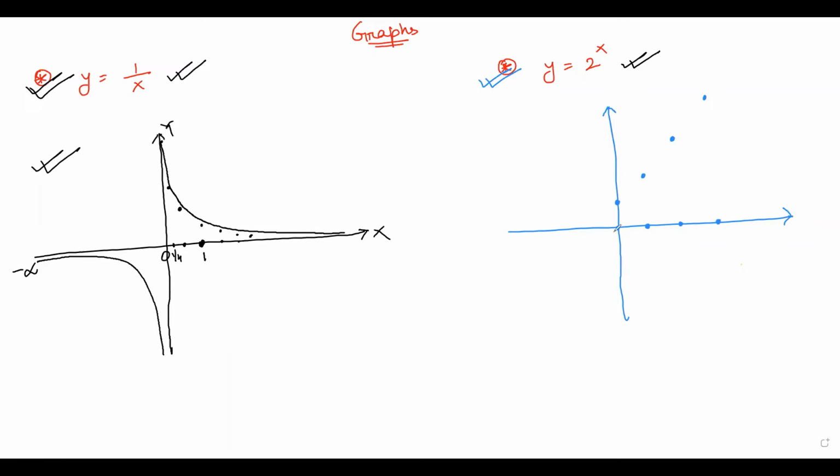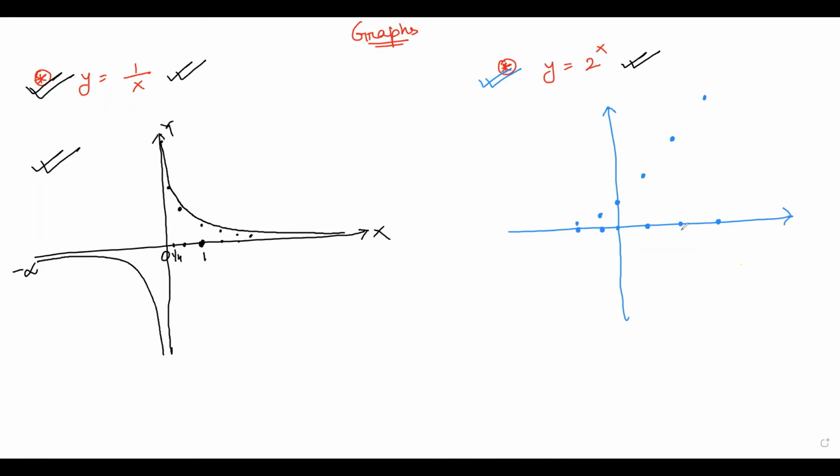In a similar way, if we go to the left side of the origin, in that case, at x equal to -1, the value of y would be 2 raised to power -1, that is 1 by 2, that is 0.5. And at x equal to -2, the value of y would be 2 raised to power minus 2, that is 1 by 4, which is 0.25, let's say somewhere here, and so on. So if we keep on decreasing the value of x to the left side of the origin, the value of y would be tending towards 0.